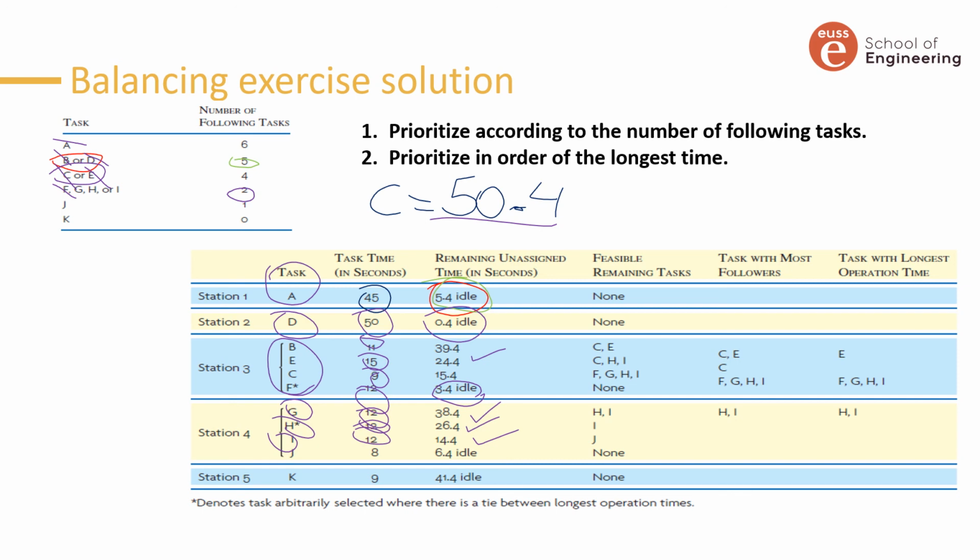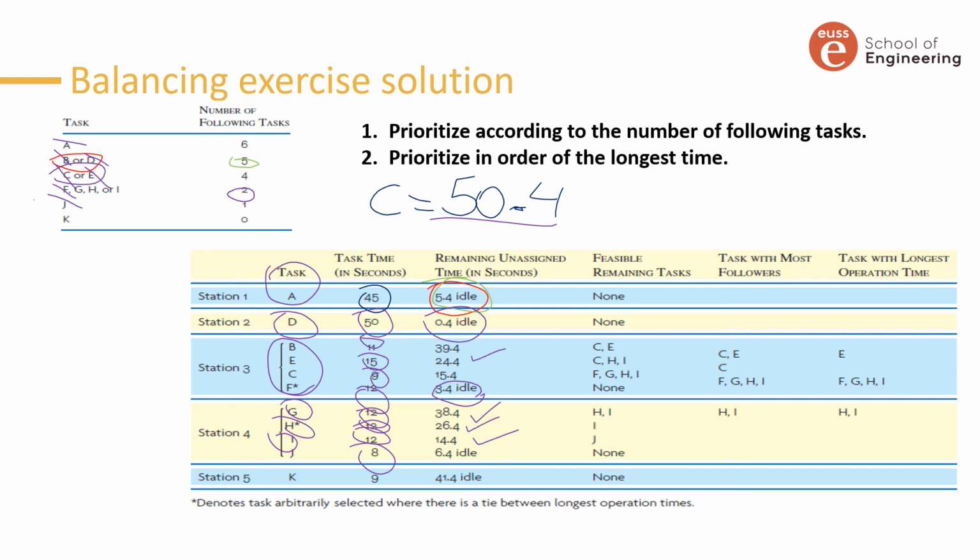So the next task is task J. Can I assign it? The time of task J is 8, but I have 14.4 remaining. So perfectly I can assign it to this workstation. If I assign task J as well, the time that remains for us is 6.4.